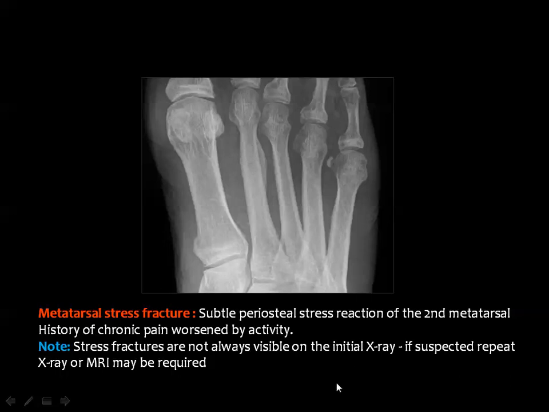It's also important to note that stress fractures are not always visible on the initial X-rays. If suspected, the X-rays may be repeated, or you may have MRI to better see the fracture site and the surrounding bone marrow edema.